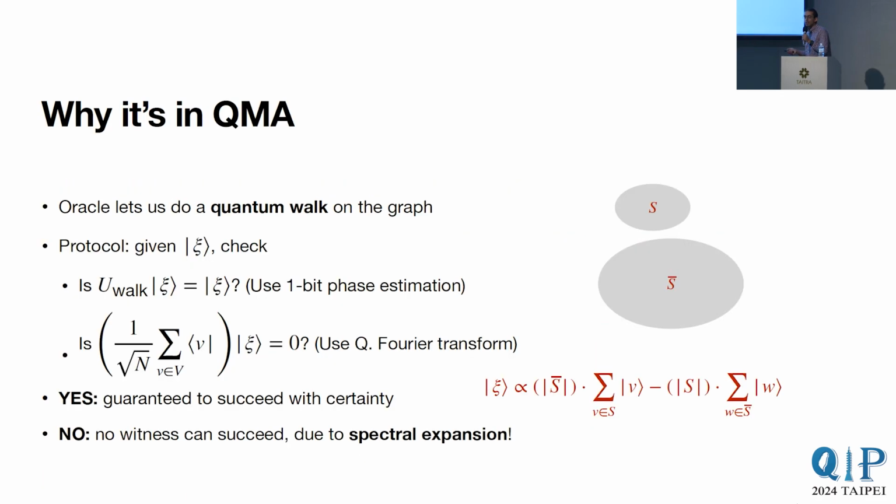Okay, so why is this in QMA? What's the state that would help you? This is where the spectral expansion comes in. What is the ability to quantumly query this oracle give you? It lets you do a walk on the graph in superposition.